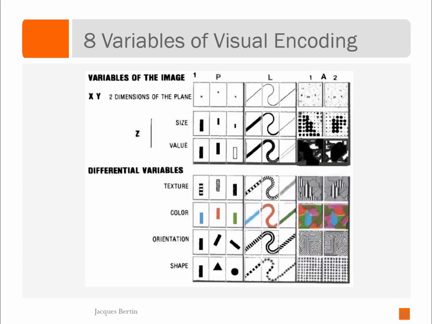And so in the first 3 cells that you see represented there on the X and Y, where it says 2 dimensions of the plane, this first row, first couple of variables that we're working on, you'll see different plotted points in different XY positions on that plane, or on that plate of glass.